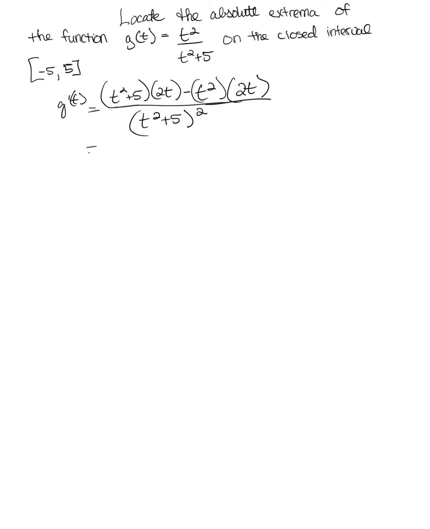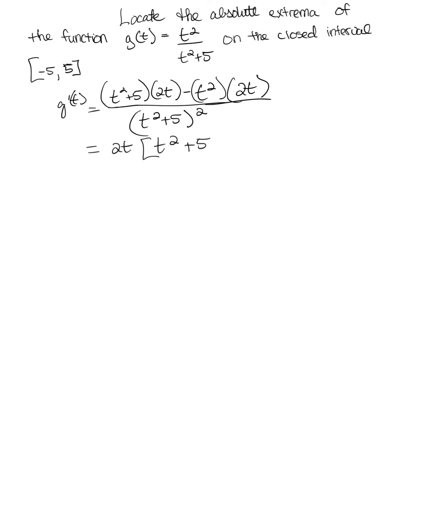All right, and then we need to go ahead and, well, I'm not going to distribute here. I think I'm going to factor out a 2t, and then I have t squared plus 5, which I'm putting back in because I factored that out of both.